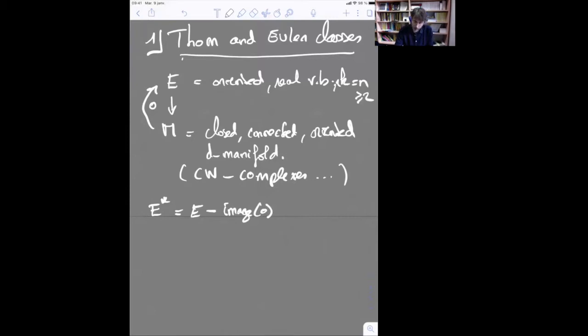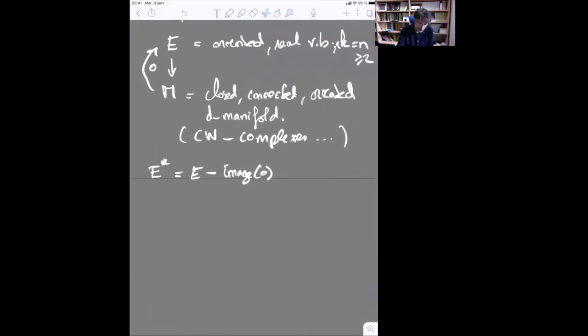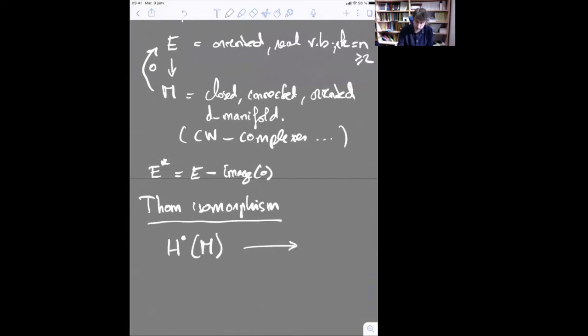And the first thing to know about these things is the Thom isomorphism, which relates the cohomology of the base with the cohomology of the fiber once you translate by n and relative to the fiber minus 0.